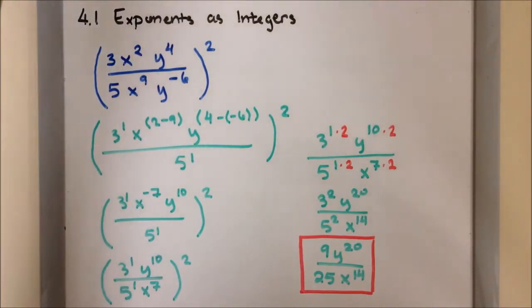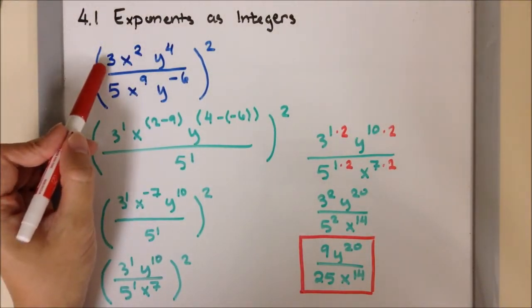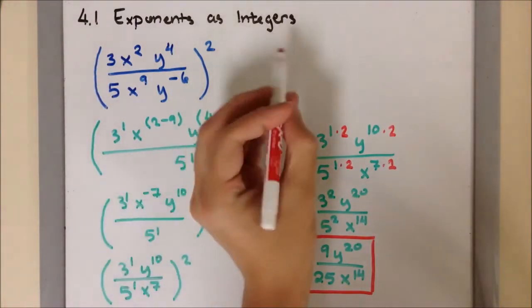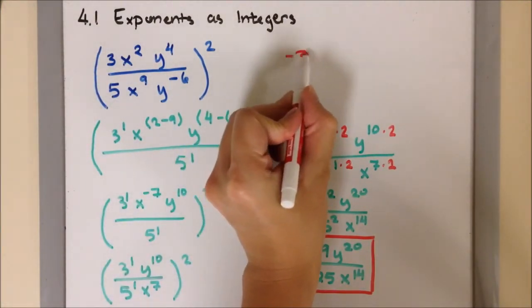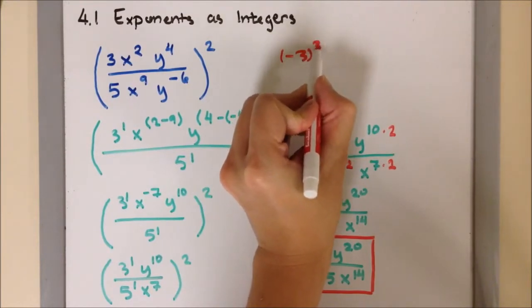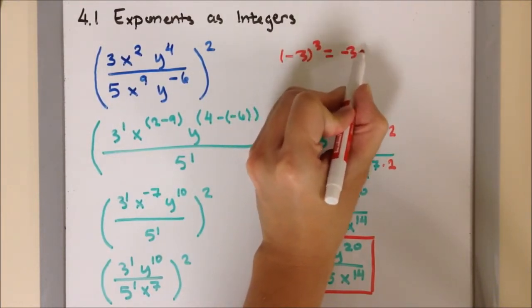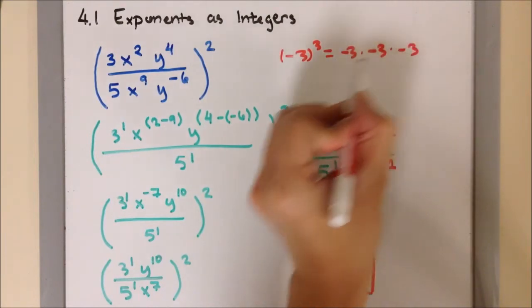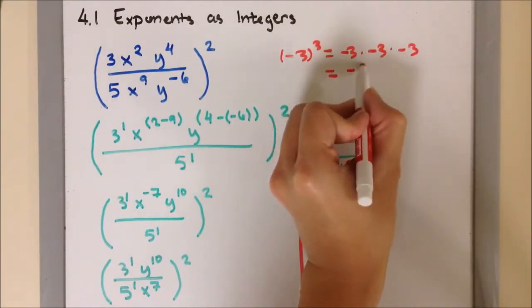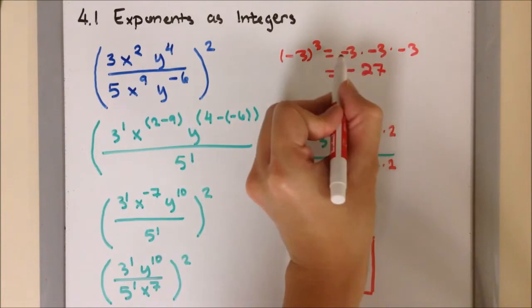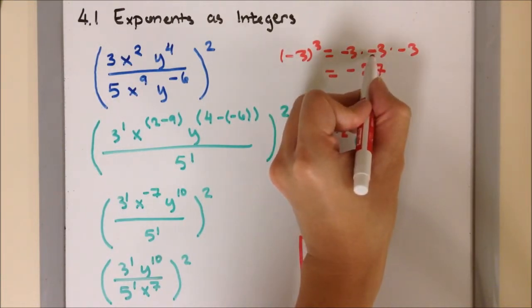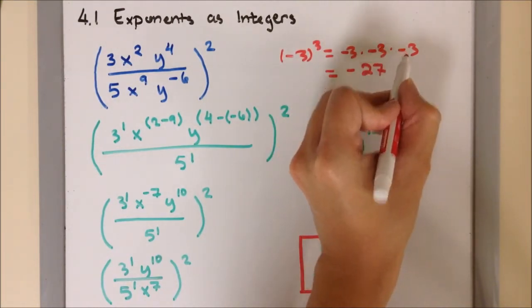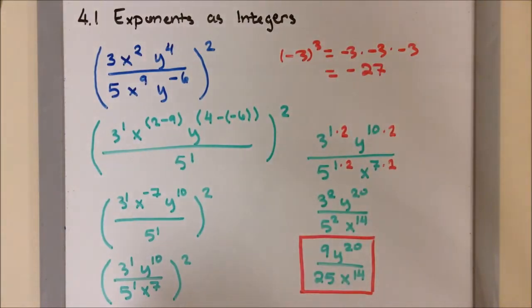So for example, if it was to the 3rd power, so had this been a -3 to the 3rd power, that means -3 times -3 times -3, which would equal -27. Because negative times negative becomes positive, times another negative will be a final negative. So be very careful when you're working with negative bases.